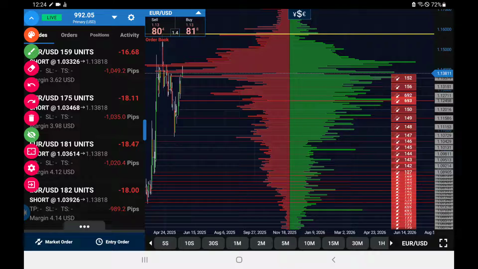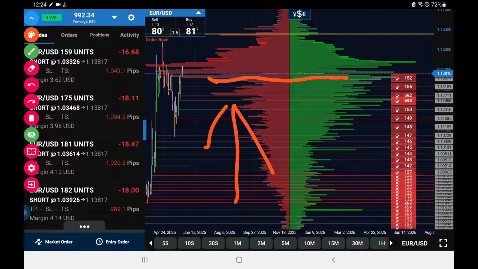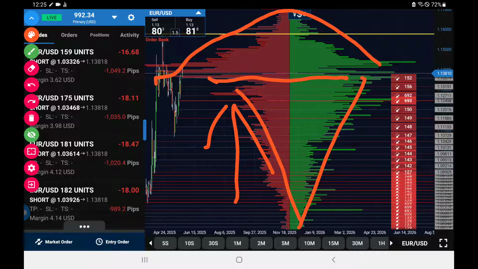We can see overall by looking at this information, both the buyers and sellers are agreeing that the price needs to go higher. And we know that because the dotted line right here, the current price, shows very little activity below the current market price versus above the current market price.